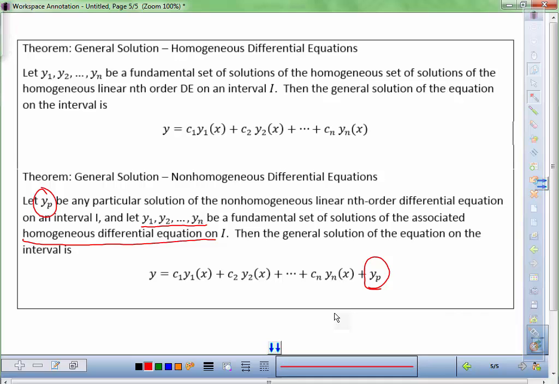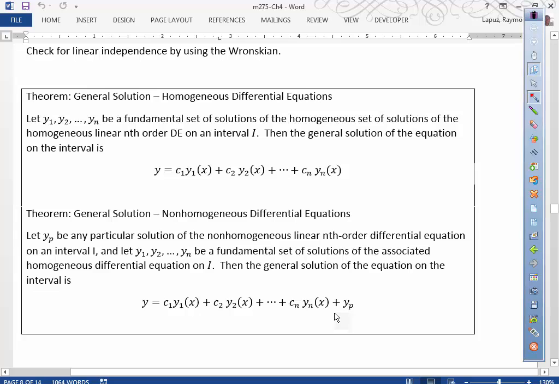So, given that we know how to do this business now with the homogeneous differential equations, we're going to add an extra step for the non-homogeneous differential equation. What we need to do is come up with a particular solution to the differential equation. How are we going to do that? We're going to guess.